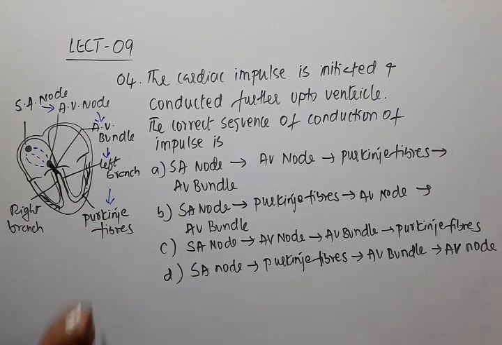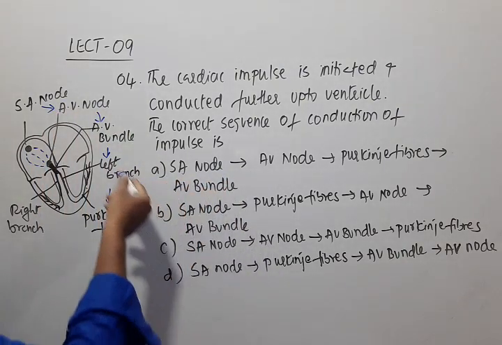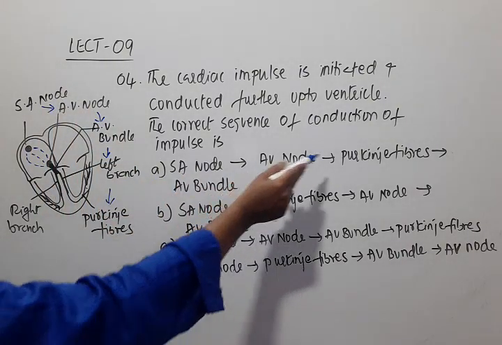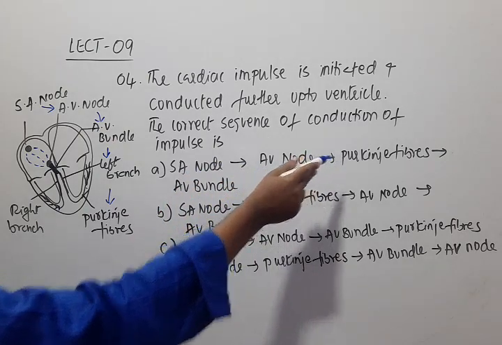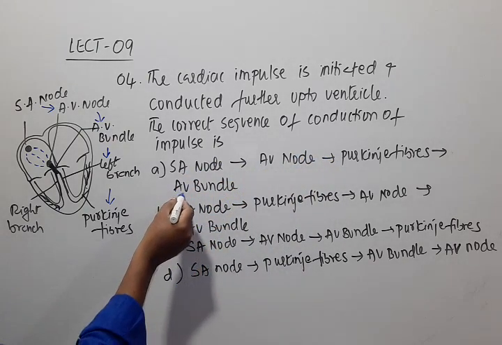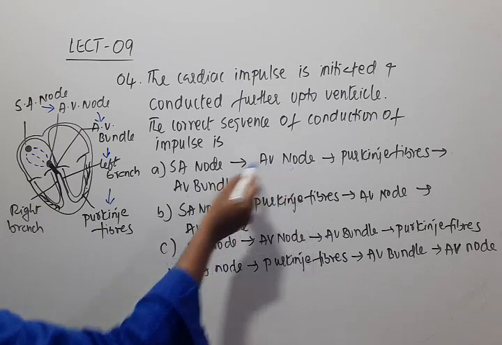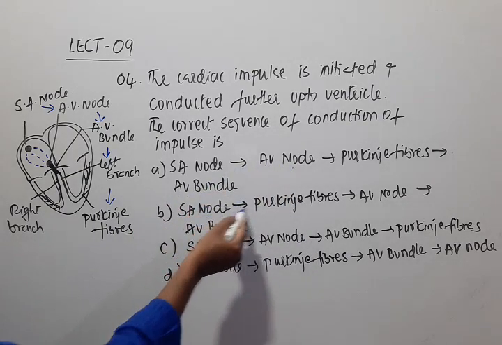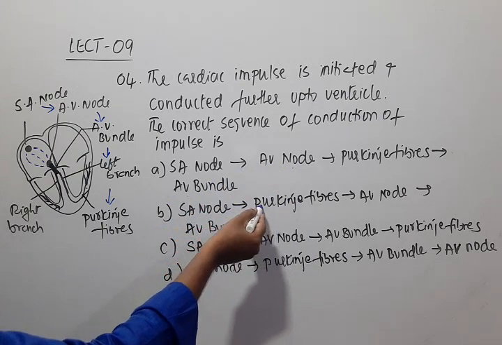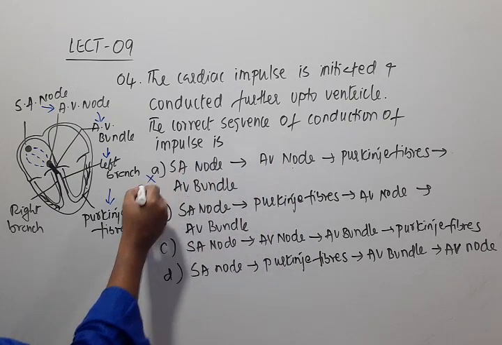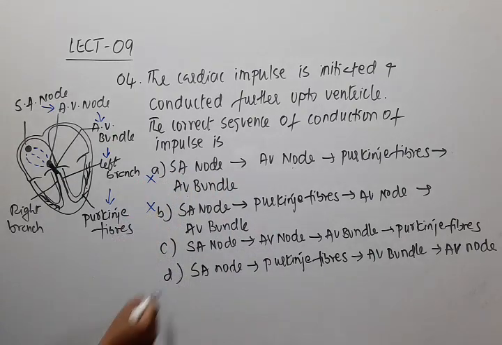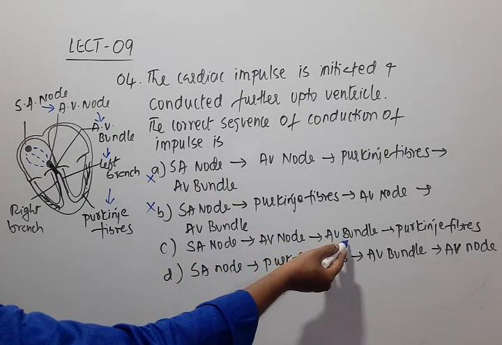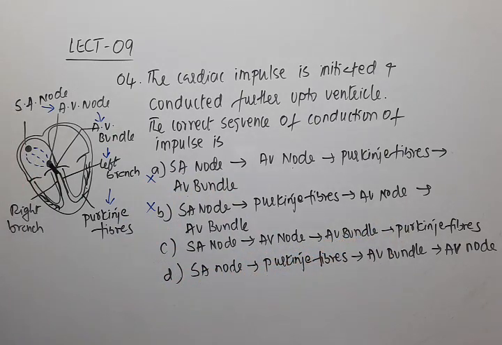So let's see whether the first option follows this sequence or not. SA node to AV node and directly to Purkinje fibers. No, after the AV node we should have the AV bundle. The next option, SA node to Purkinje fibers. No, this is also a wrong option. And then SA node to AV node, AV node to AV bundle and AV bundle to Purkinje fibers.